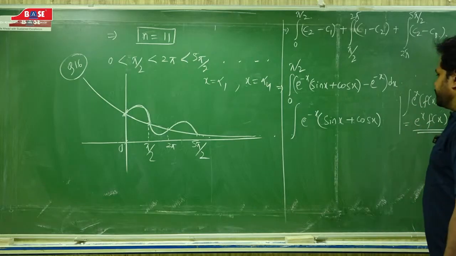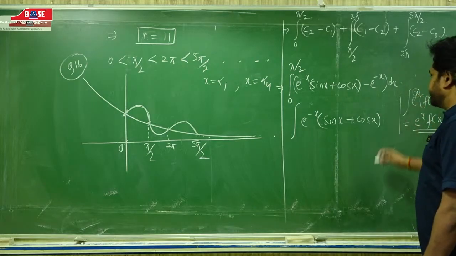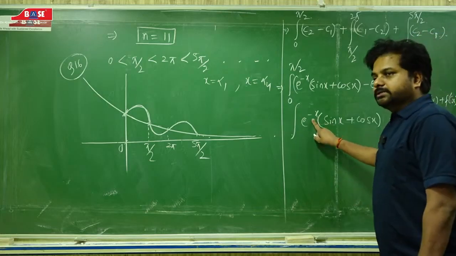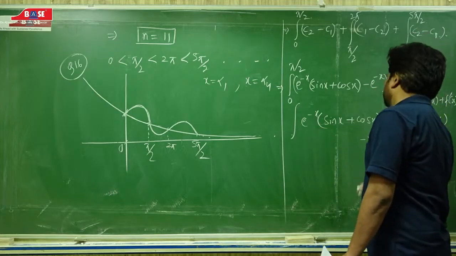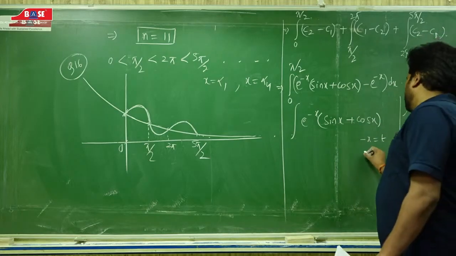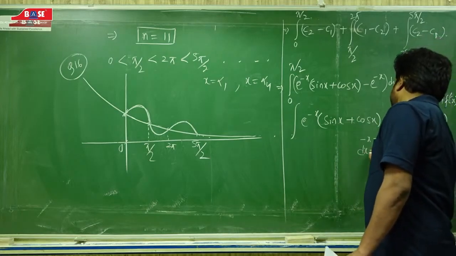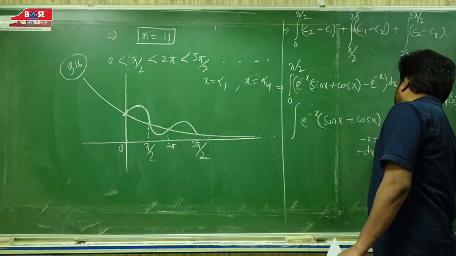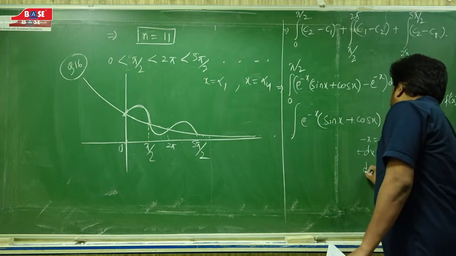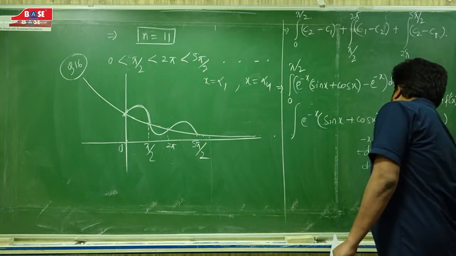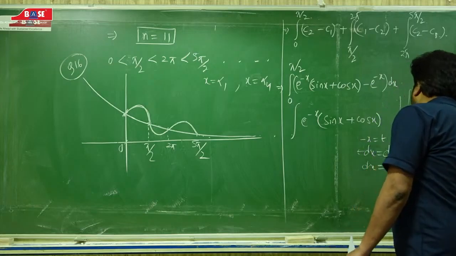If you try to compare with this, we have positive x here, but we have negative x. No issues, we can directly replace minus x with t to make it into that form. So we'll get minus dx equals dt, similarly dx equals minus dt, correct?